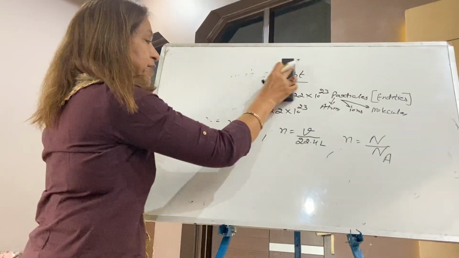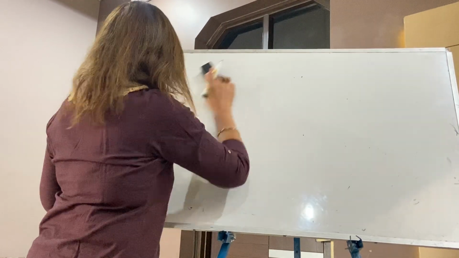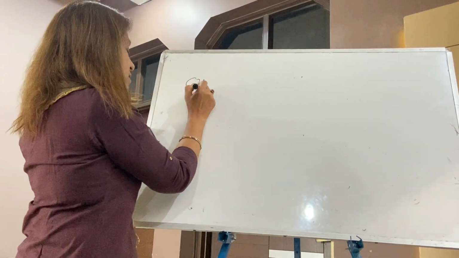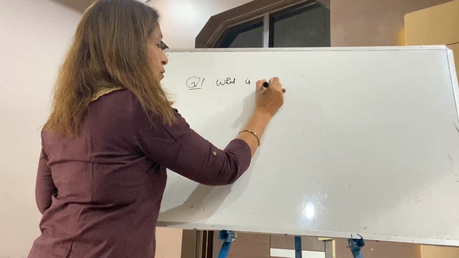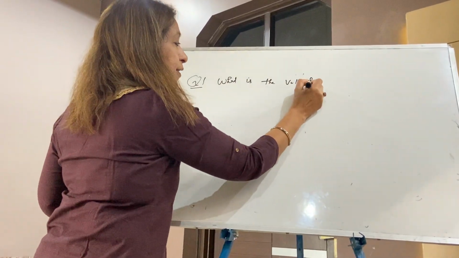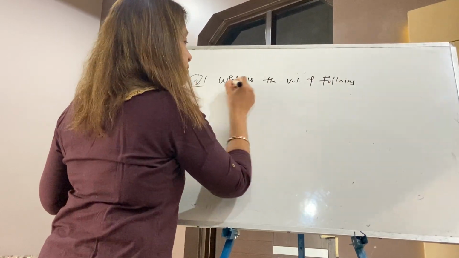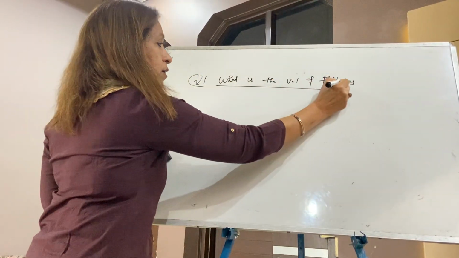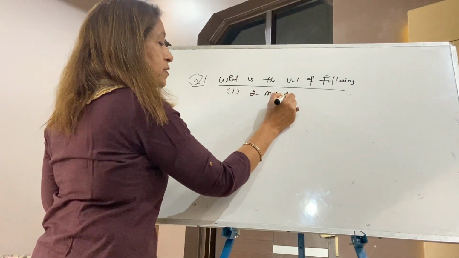Let us start. I am taking the first numerical. Question number 1. What is the volume of the following? Write down along with me. First is 2 mole of oxygen gas.